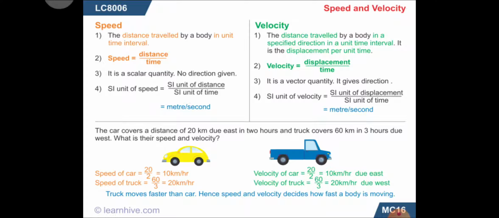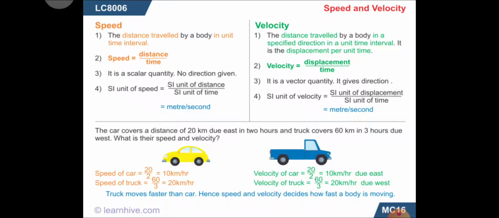In velocity, direction is also mentioned, but speed only calculates distance upon time. Second, the formula: speed equals distance upon time and velocity equals displacement upon time. Third, speed is a scalar quantity, no direction given, but velocity is a vector quantity because with respect to the magnitude, direction is also given.